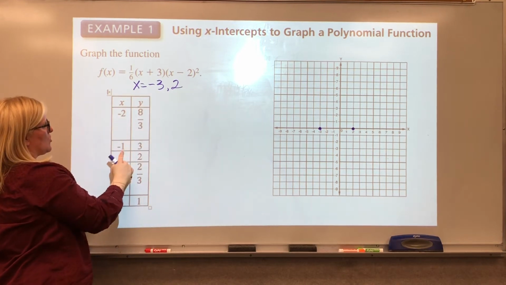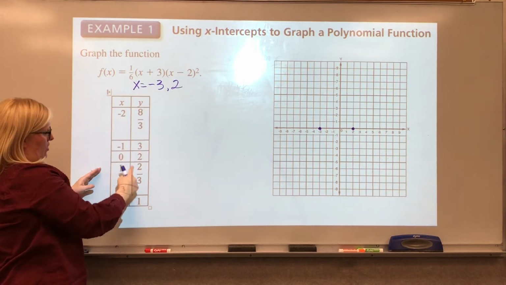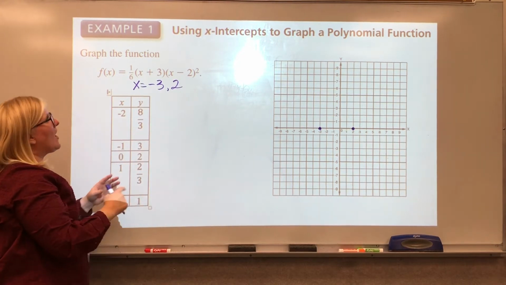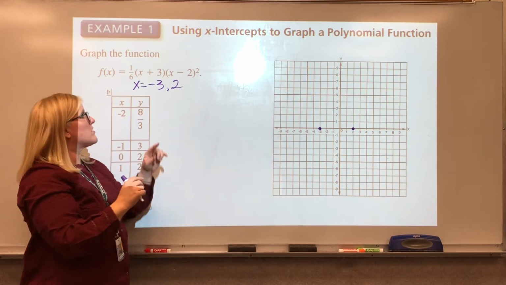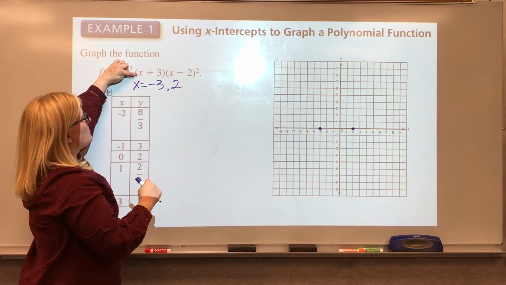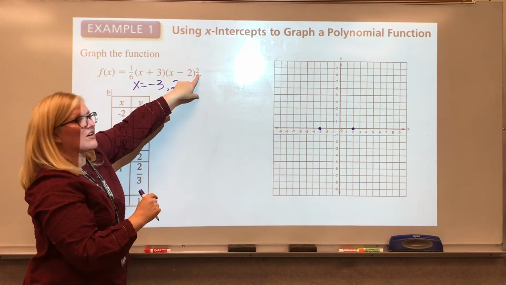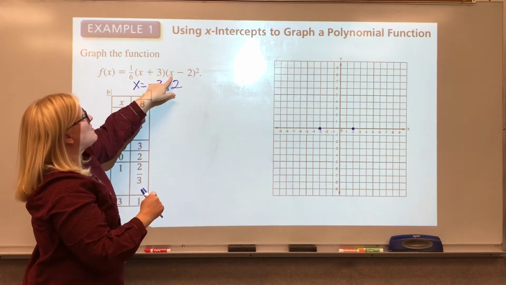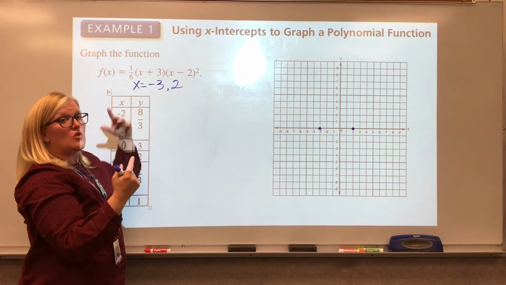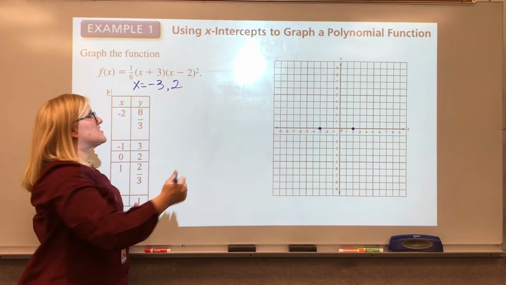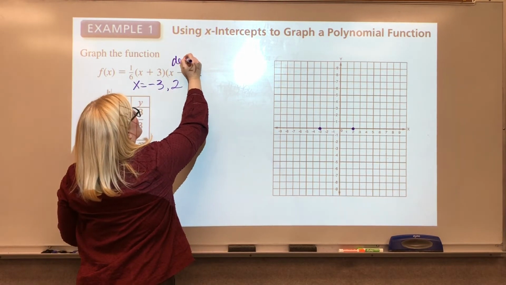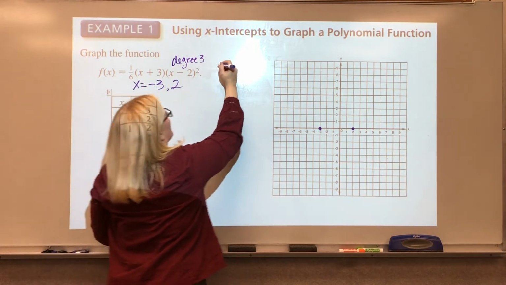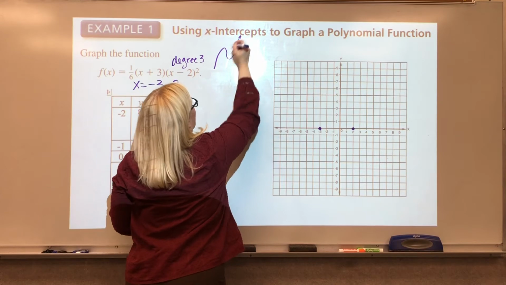So -2, -1, I have 0, 1, and 3 because I know what 2 is. And I also know, and this is really important, I've got an x here and an x squared here. So I have a total of 3 x's, 1 right here and basically 2 right here. So this polynomial is of degree 3. And it's positive, so I know that it's basically going to look like that.